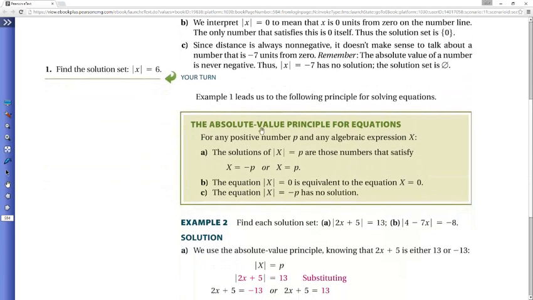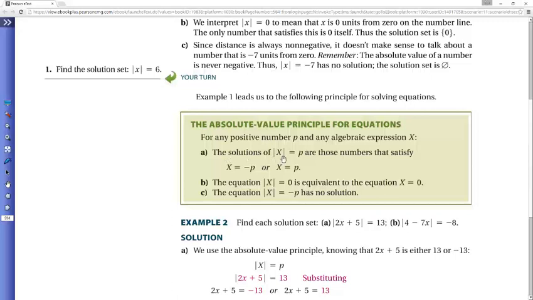Now, the absolute value principle for equations: for any positive number p, and any algebraic expression x, notice that they use these capital letters usually when they're saying, hey, this variable probably will represent some more complex expression.